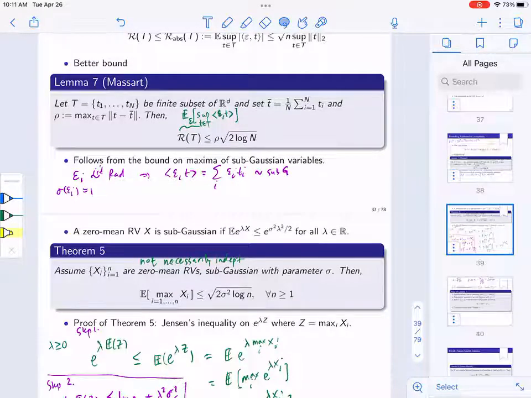So how do I control the Subgaussian norm of this quantity? Let's call this sigma t. Do you remember the properties of Subgaussian variables? Sigma t is equal to the Subgaussian norm of the sum of epsilon i t_i. How do I control this?